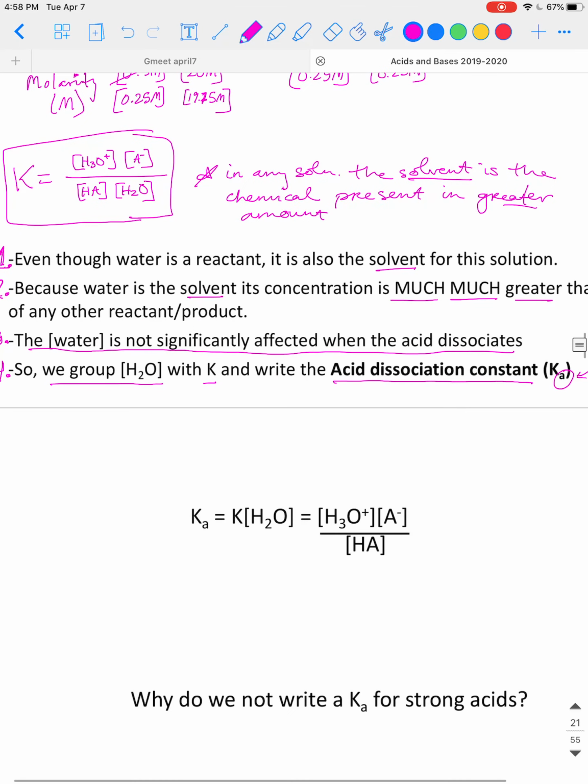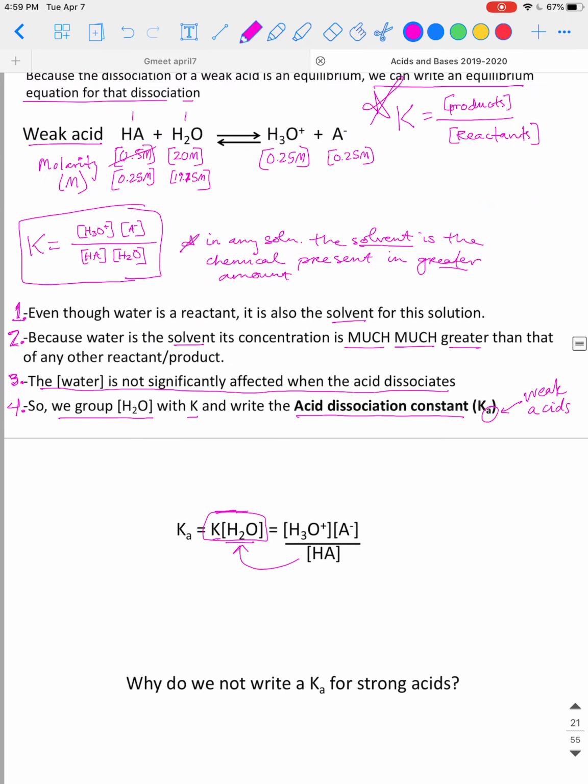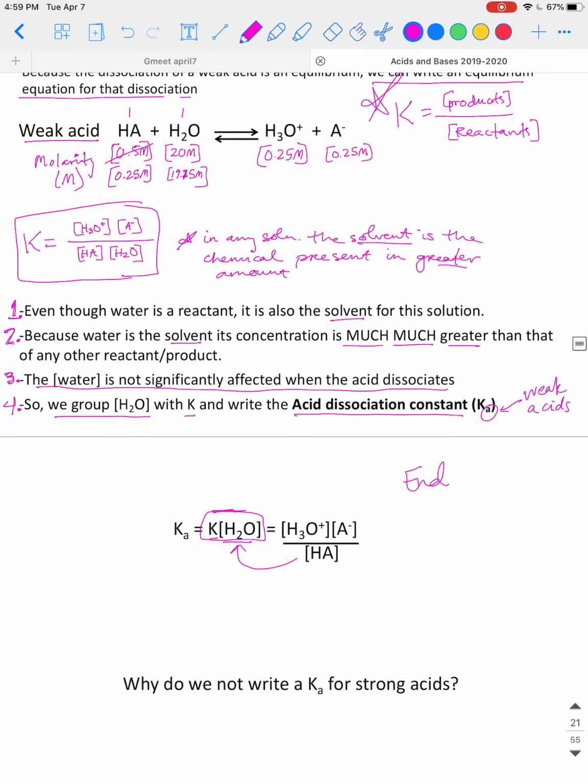This equation on the next slide shows it. We took water out of the denominator and moved it over here, and we're doing K times the concentration of water. Essentially, don't worry about the multiplication that's going on over here. Just know we take water out of the equation. The end result is we remove the concentration of water from the equation.